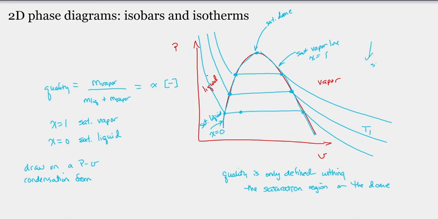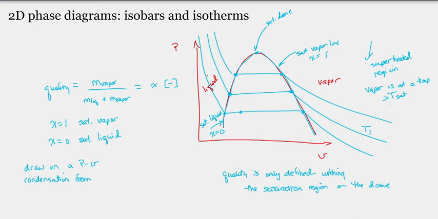This is referred to as the superheated region, and that has a very specific meaning in that it's superheated to a temperature higher than the saturation temperature. So the vapor is at a temperature greater than T saturation.